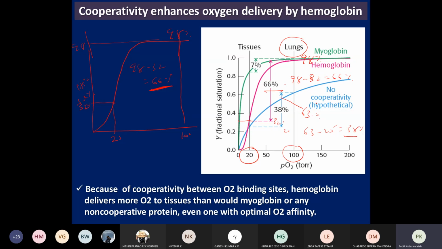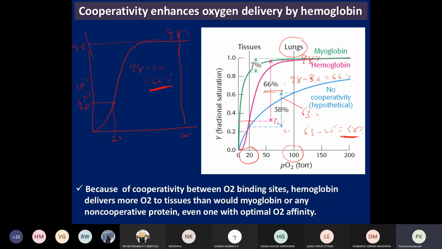Whereas in case of non-cooperative protein, it is not as good as hemoglobin in releasing the oxygen near the tissues where the partial pressure of oxygen is 20 torr, because non-cooperative protein can only unload 38% of its bound oxygen, whereas hemoglobin can unload 66% of its bound oxygen near the tissues. That's why hemoglobin is a good cargo for O2 transport.